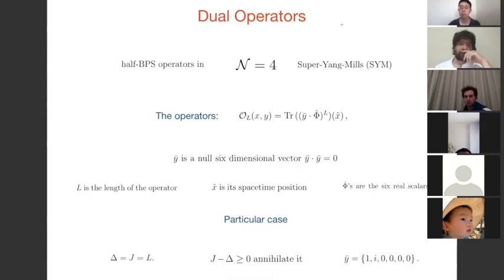So this talk is about supergravity vertex operators that are half BPS. We know that strings in AdS5 x S5 are dual to N=4 super-Yang-Mills.